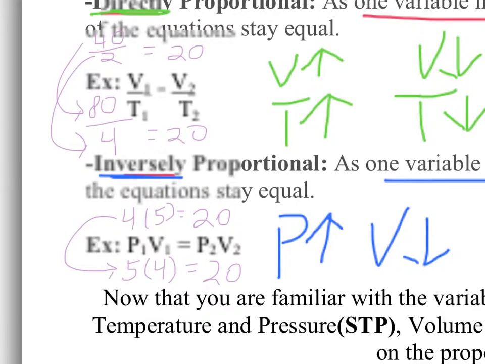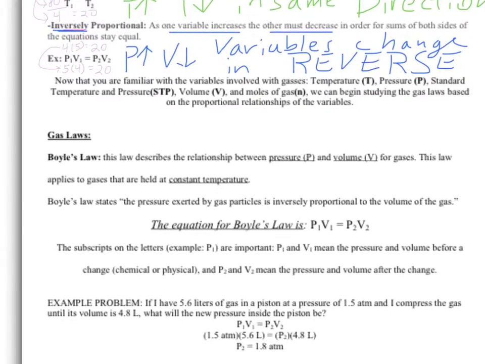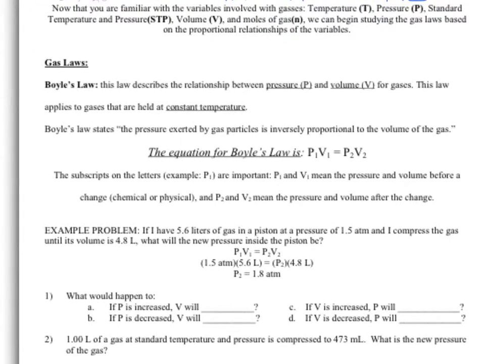So the variables we're going to be using throughout this entire unit are the following. We have temperature. Temperature is T. Pressure, P. Standard temperature and pressure. Well, standard is S. Temperature is T. P is pressure.